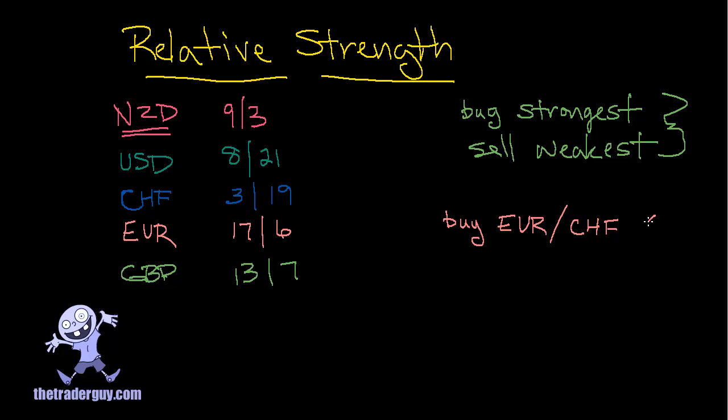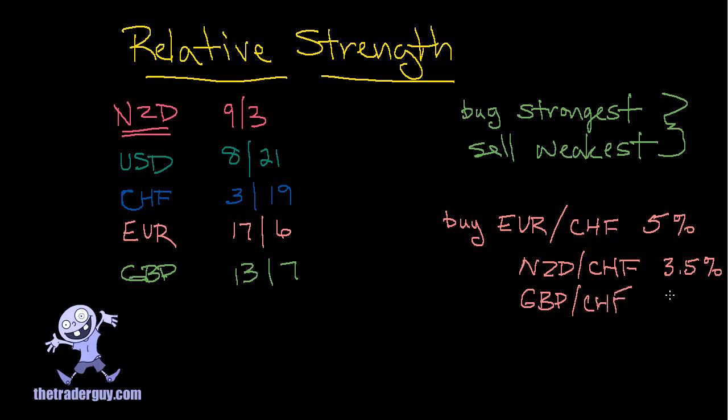Let's just say this is a 5% move, over the course of however many days or weeks. But what will happen is you'll find that you could have bought, for example, Kiwi Swiss. And it will have moved up too, but it might be like 3.5%. And you could buy Pound Swiss, and maybe it would move up 1.8%.